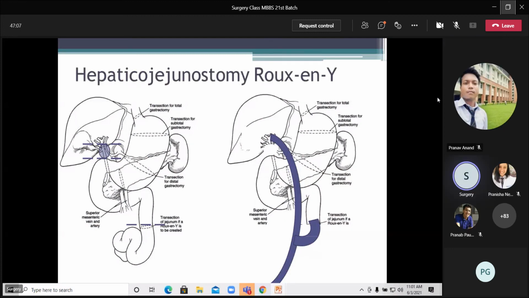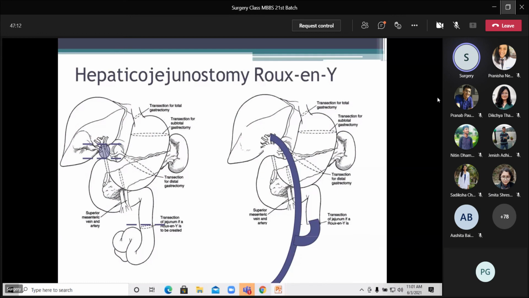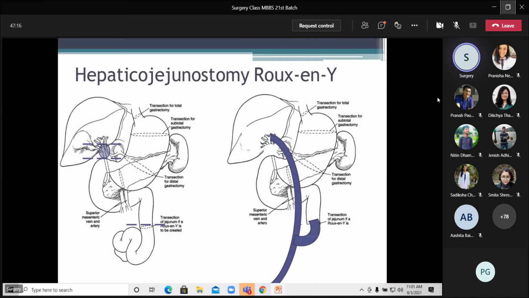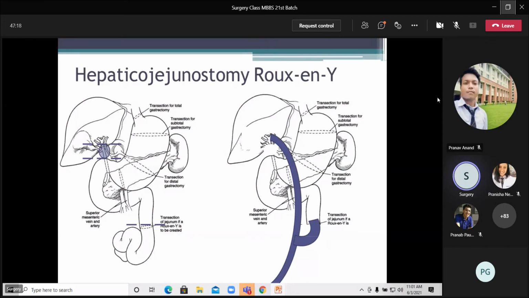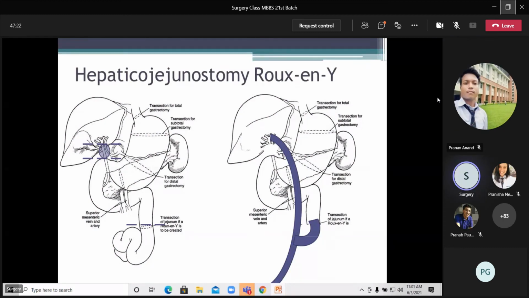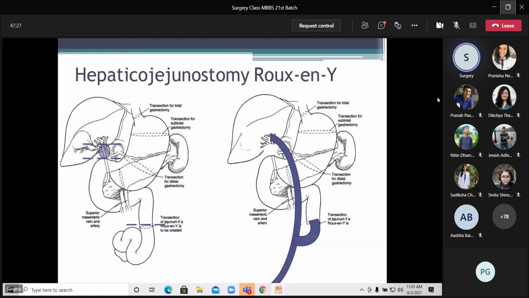That is hepaticojejunostomy. It is Roux-en-Y because there is a Roux limb going into the hepatic duct, and there is a Y limb where you reconnect the duodenum and the proximal jejunum. So that is known as Roux-en-Y hepaticojejunostomy.